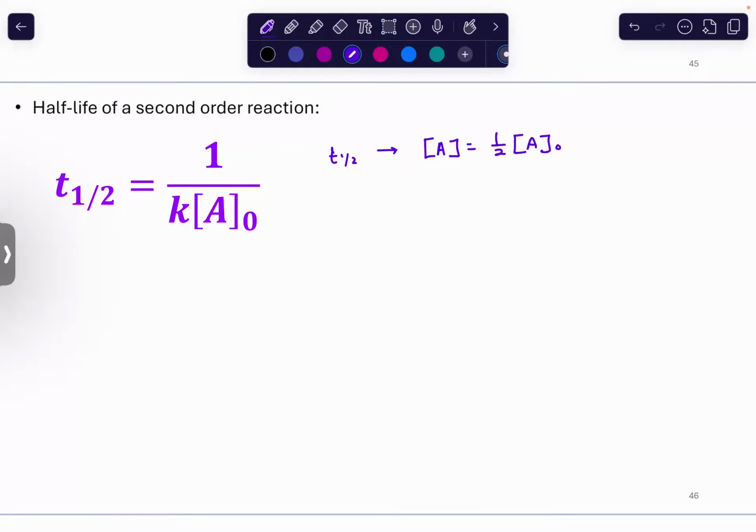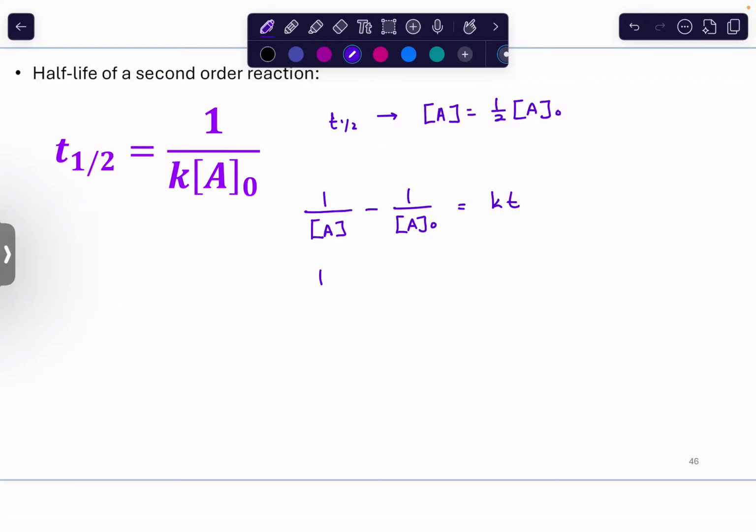Okay, so now if I take this and I'm going to substitute in 1/2 [A]0.